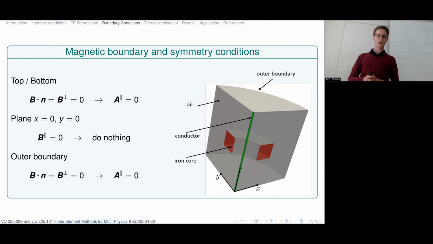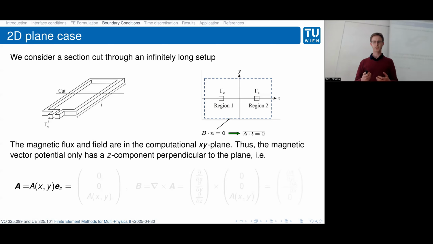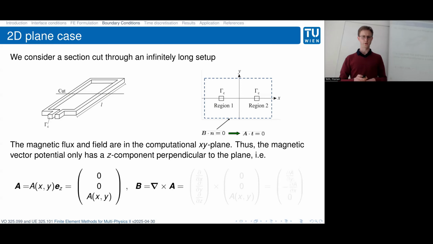For a 2D case, we already mentioned that this is a case where we only consider field lines within a 2-dimensional plane. So in our case, by convention, the XY plane, and the magnetic vector potential then only has a Z component, which is perpendicular to the plane.